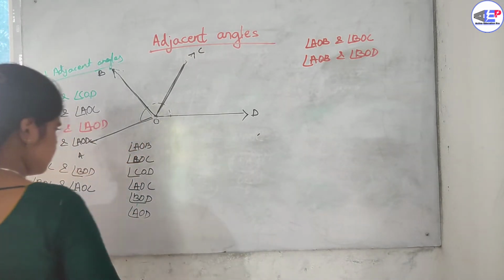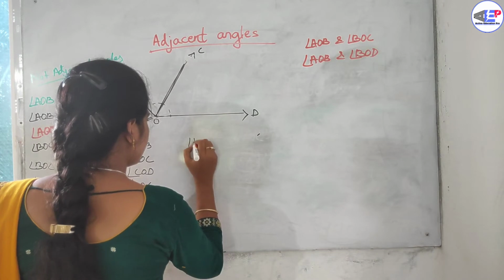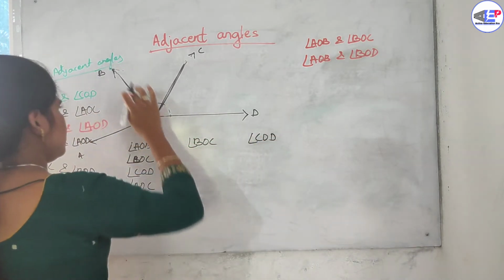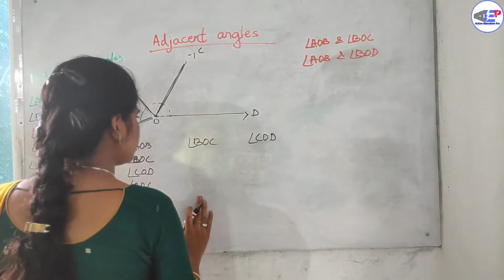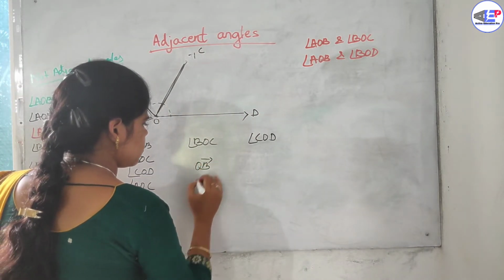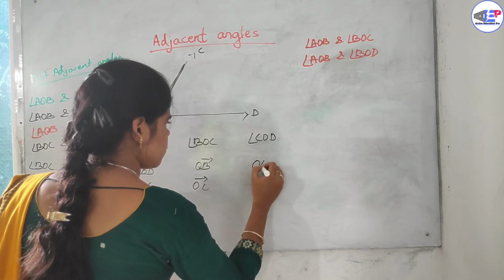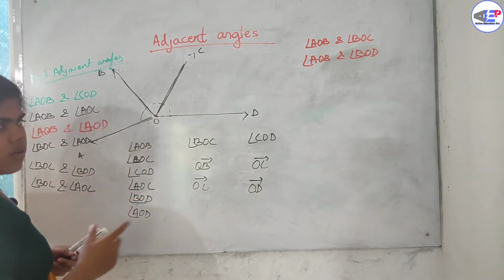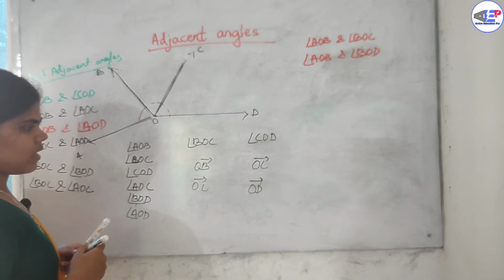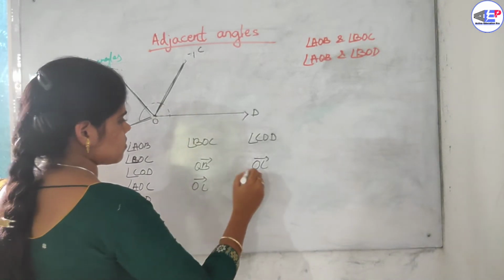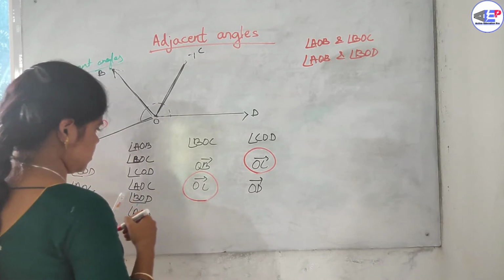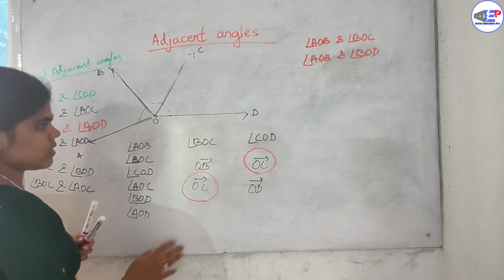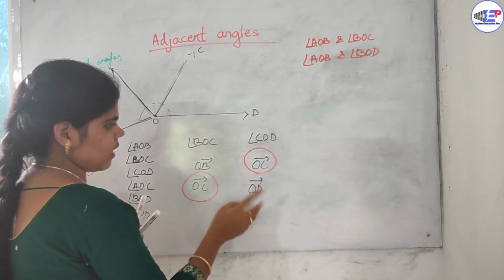Then the next pair, BOC with COD. Look here, for these angles OB and OC are required, OC and OD are required. O is the common vertex as you know in this given figure, and let us find out the common arms. This is OC and OC. Here OC is the common arm in these two angles and the non-common arms are OB and OD.